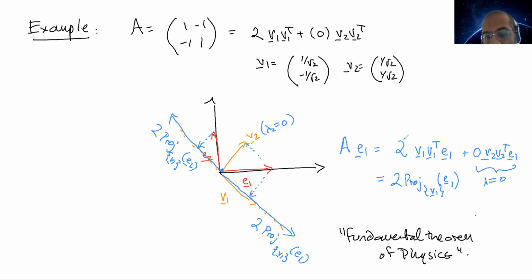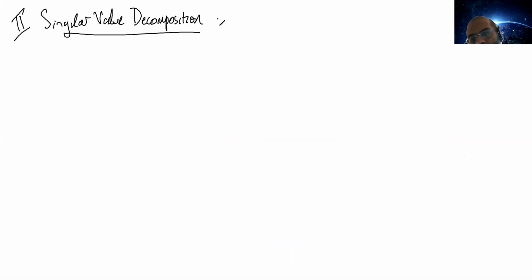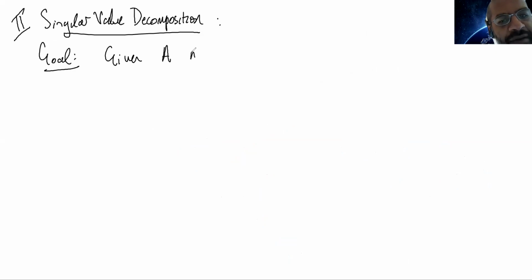Okay. So now I want to move on to rectangular matrices. So what's the goal? Given some matrix A that's m by n. Remember, an m by n matrix is a linear transformation from Rn to Rm.